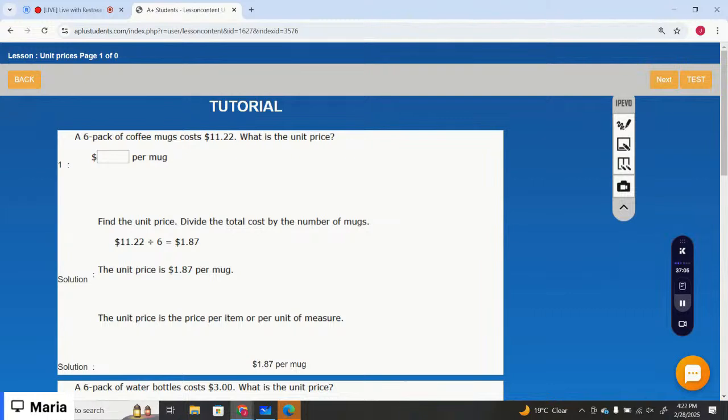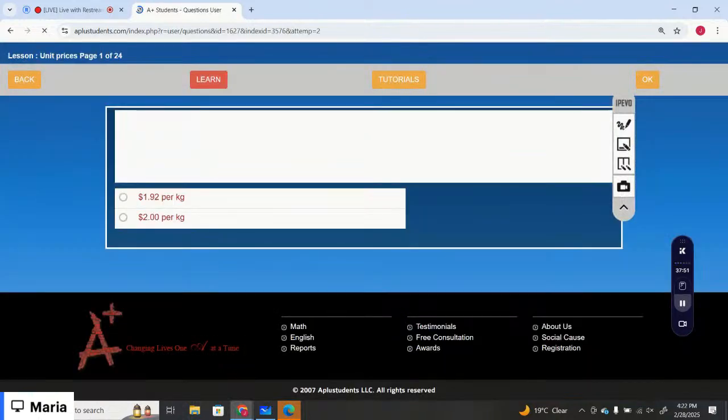So you have to divide 11.22 by 6. 11.22 divided by 6 equals 1.87. Let's just start with the test questions.